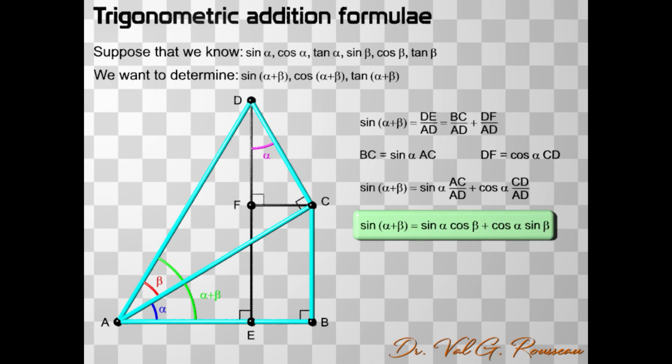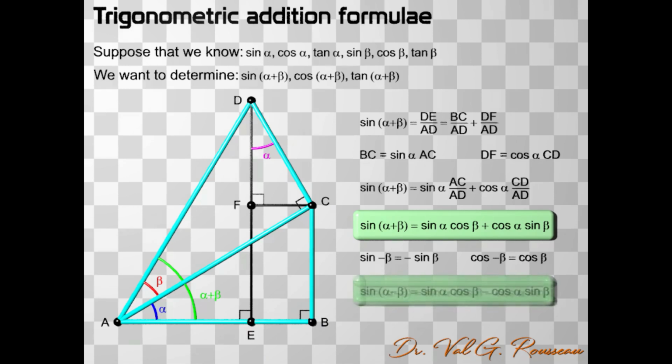We can now easily determine the sine of the difference alpha minus beta by using the fact that sine is an odd function and cosine is an even function. All we have to do is to replace beta by minus beta in the formula for the sum. It follows that sine of alpha minus beta is equal to sine alpha cosine beta minus cosine alpha sine beta.